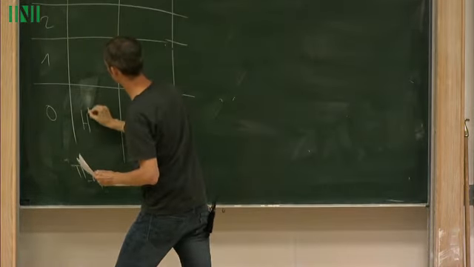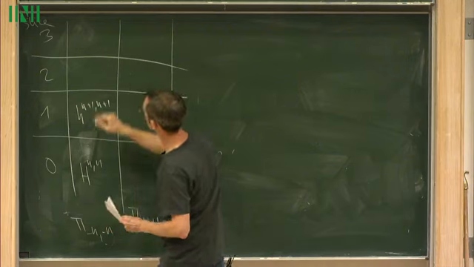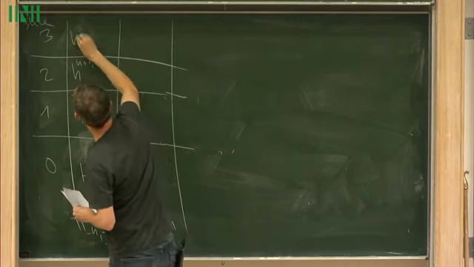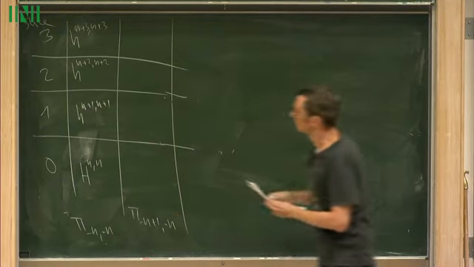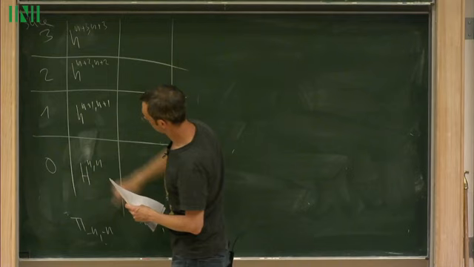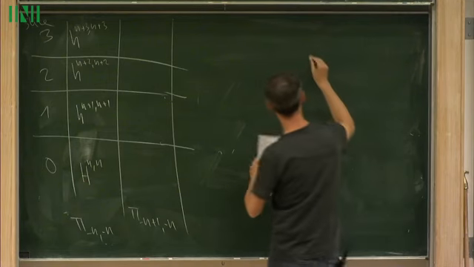You have h n, n, h n plus 1, n plus 1. This is a lowercase, so it's mod 2. N plus 2, n plus 2, n plus 3, n plus 3. And this column looks like the associated graded of the Milnor-Witt K-theory of that field, and it is. So this is reason 4.